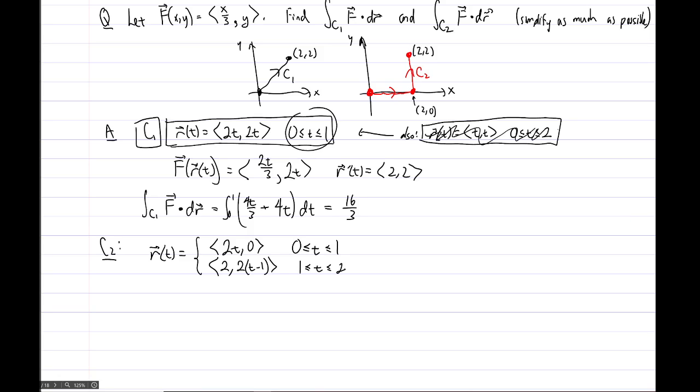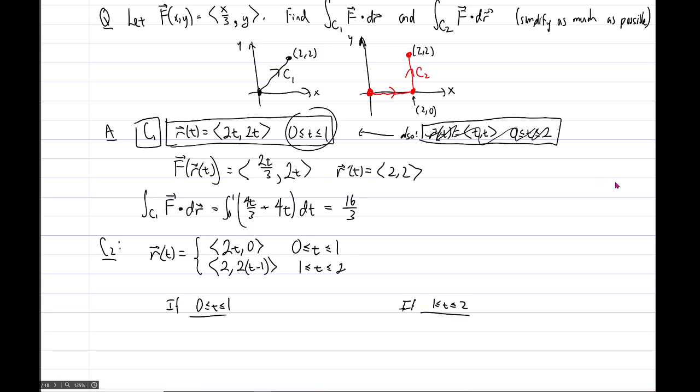Now we need to do this thing, composing F and r, but in two different pieces, right? So there's what we do if t is between 0 and 1, and then there's what we do, over here, if t is between 1 and 2. We just have to break this into the two separate pieces.